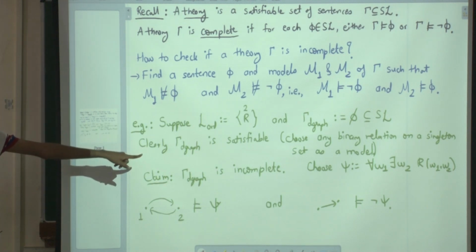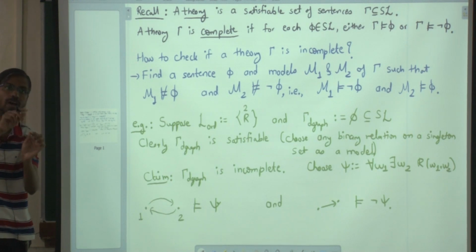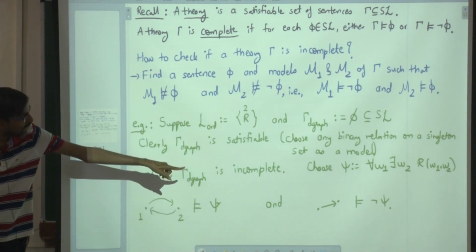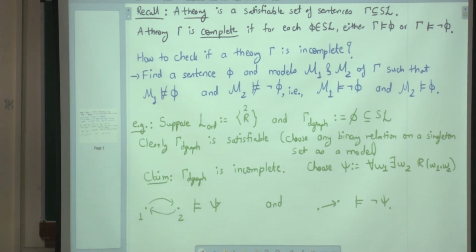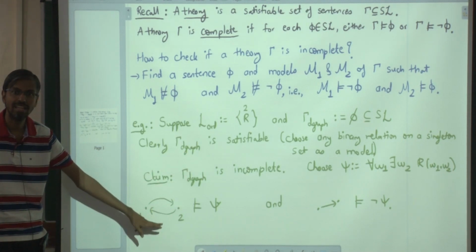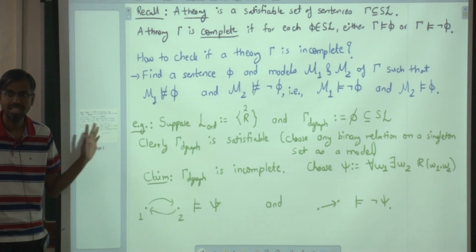That is what psi says. I could have also chosen one single point and a loop; that will also work. And if I just choose a single point or a single arrow, then it doesn't satisfy psi, so it satisfies negation psi. By finding this sentence and two models like this, we have shown that it is incomplete. Is this clear?